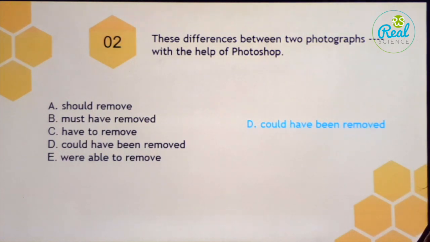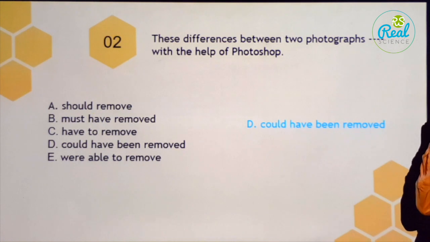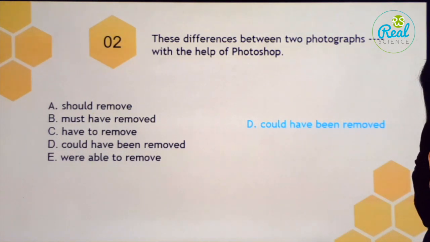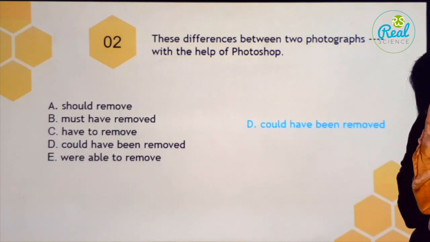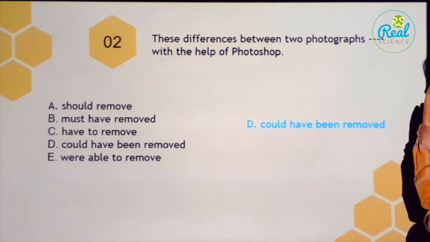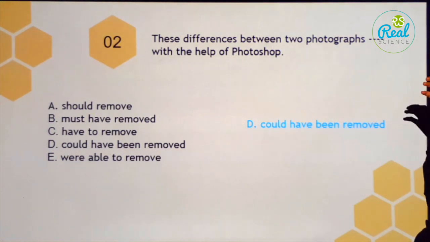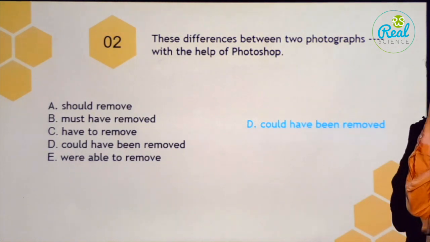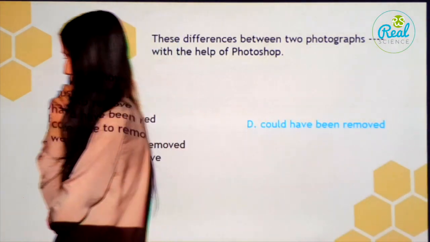And "must have removed", the difference between two photographs must have removed with the help of Photoshop. First, it's grammatically incorrect. And when do we use "must"? When it's obligatory, right? Here you are giving an option, like "could have been removed". You are not giving 100%.